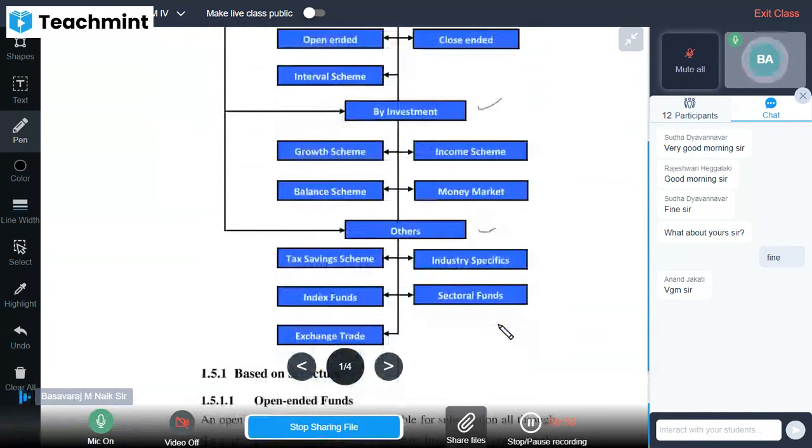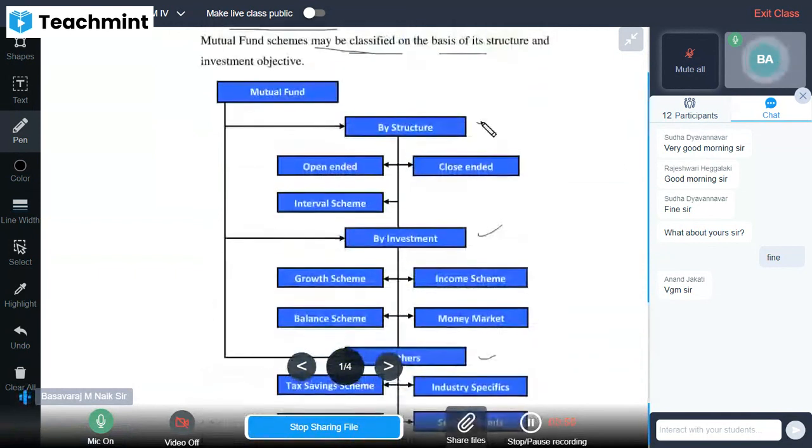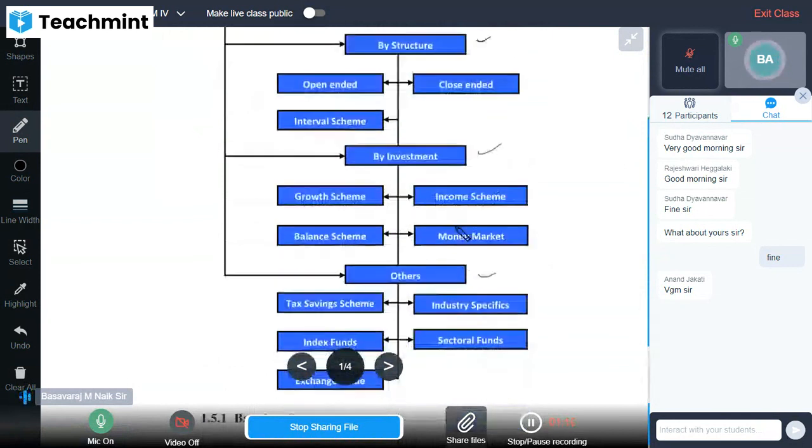By structure, mutual funds can be open ended, close ended, and interval schemes. By investment category, we have four kinds of schemes: growth scheme, income scheme, balanced scheme, and money market scheme.